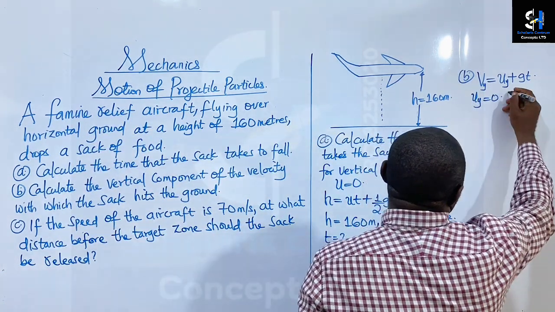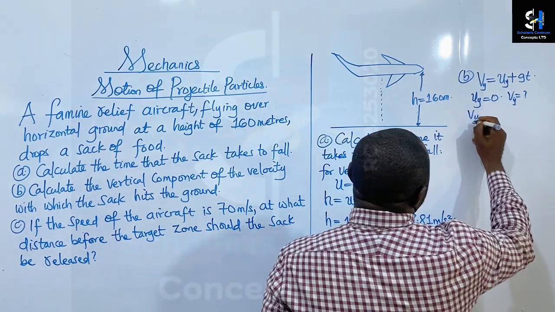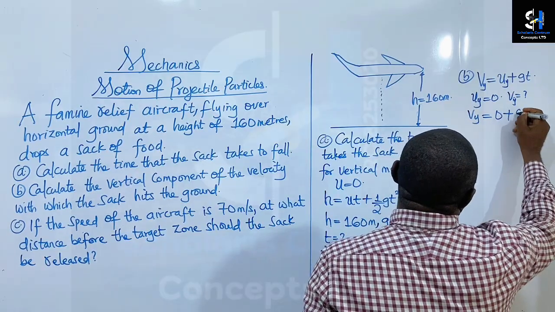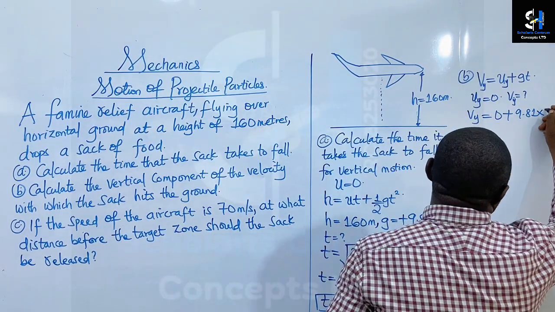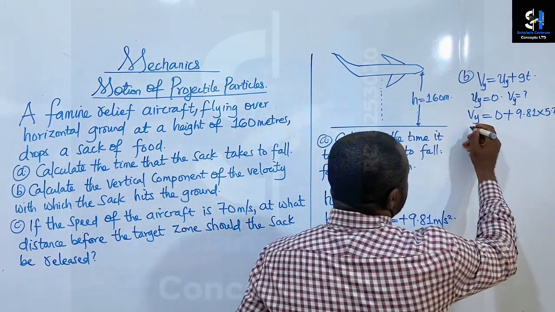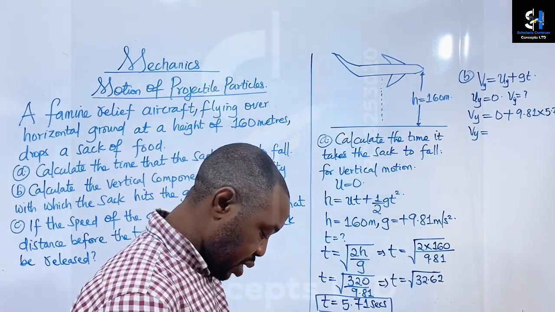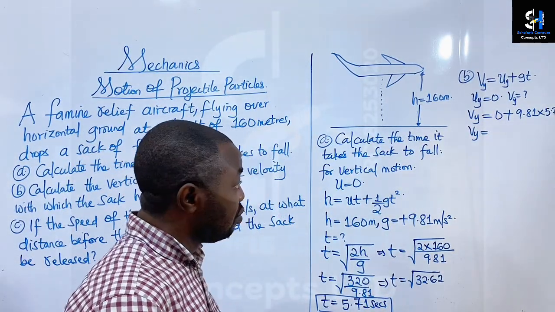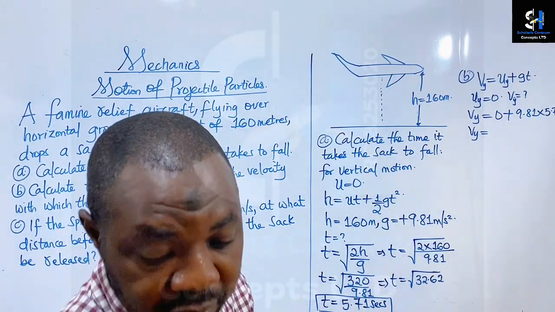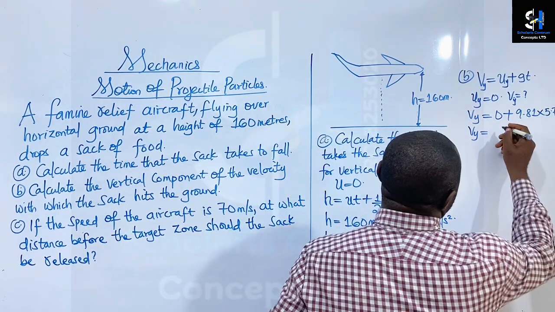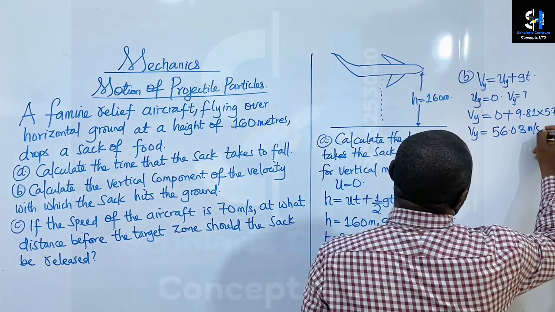So this is what we need to find out: the value of Vy. So we have Vy equal to 0 plus 9.81 multiplied by 5.71. So Vy will be equal to 9.81 multiplied by 5.71, that will be 56.03 meters per second.